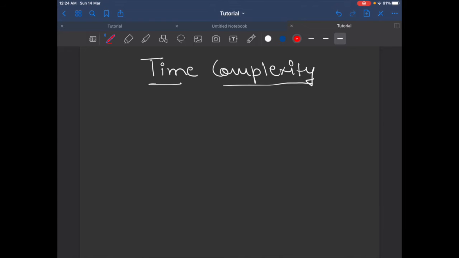Let us now discuss the time complexity for the problems of divide and conquer. Let the time complexity be T of n, for the problem P whose size is n. Now for time complexity, in divide and conquer, we have to split the problem into sub-problems. So the time complexity will also split, which will be T of n by 2 plus T of n by 2.